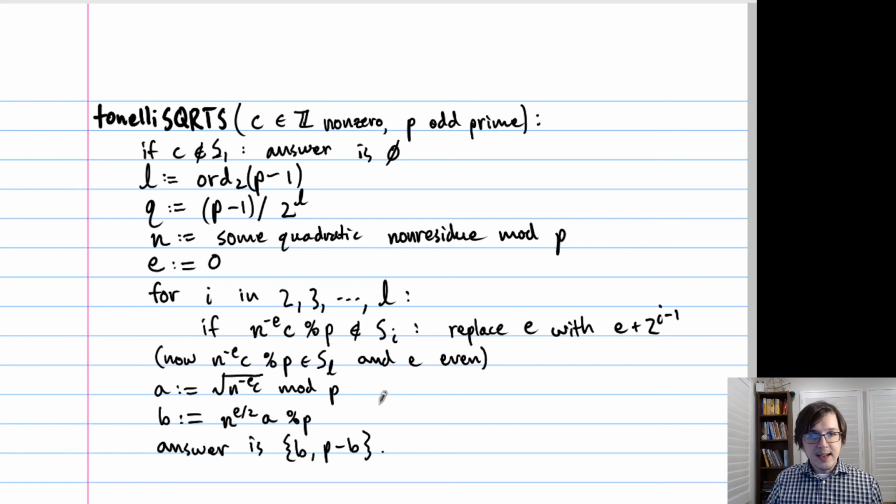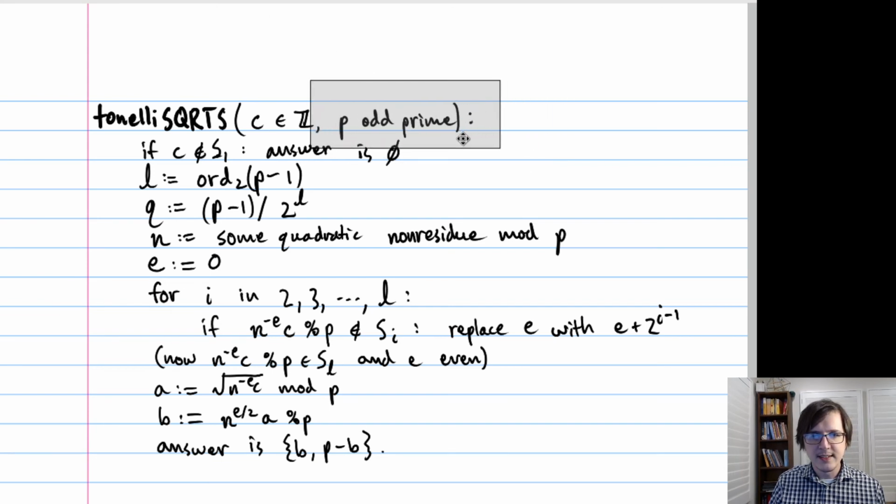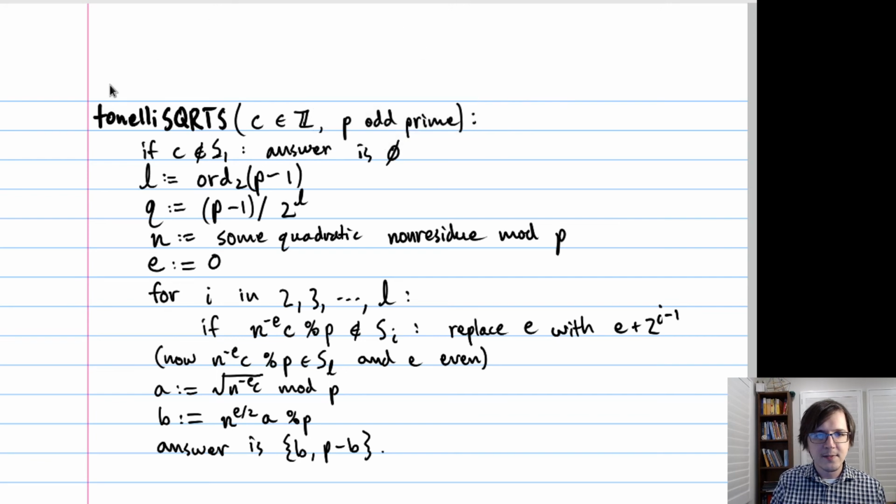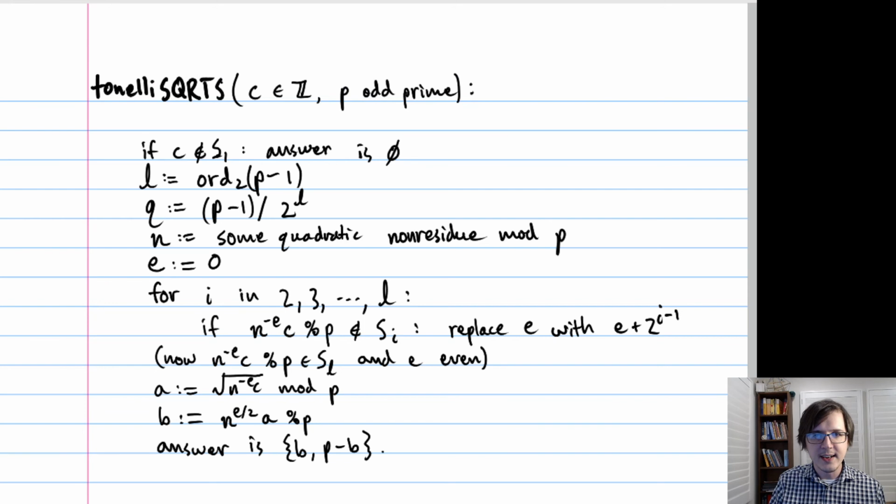Okay, so putting it all together, here's a more step-by-step way of explaining it. So given a non-zero integer, well, actually, non-zero is not quite right. I remember that there is a little error here, and I can just fix it right now.